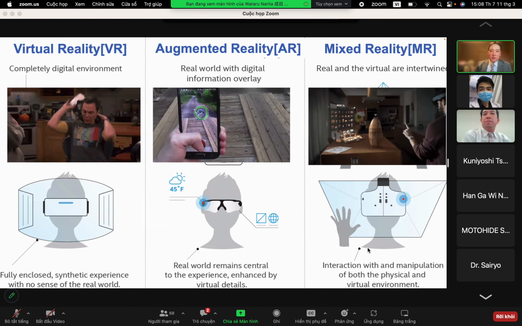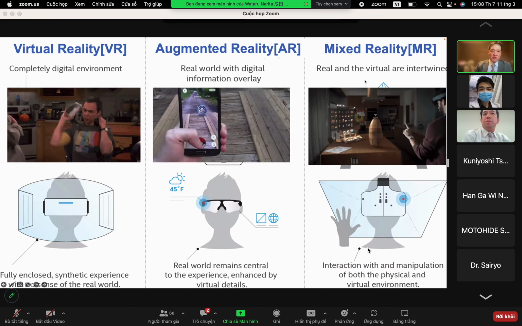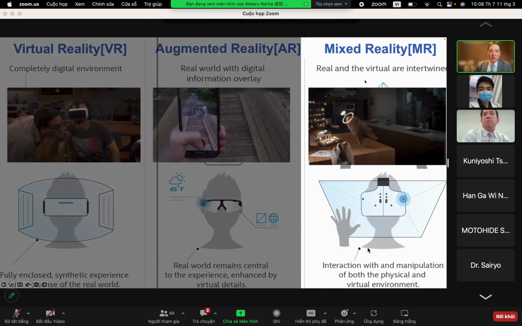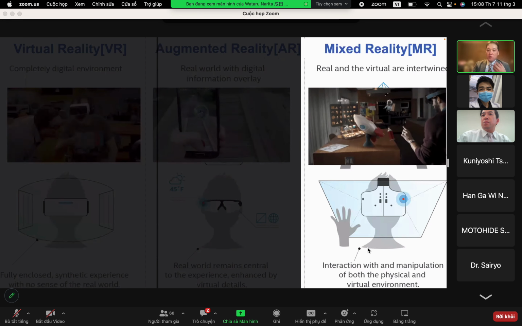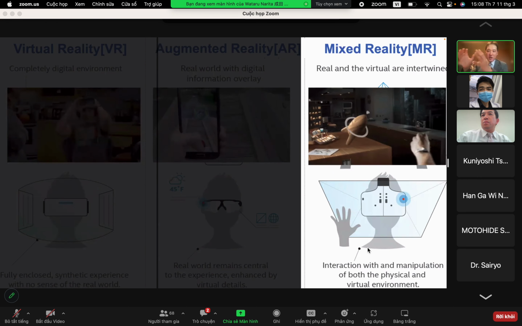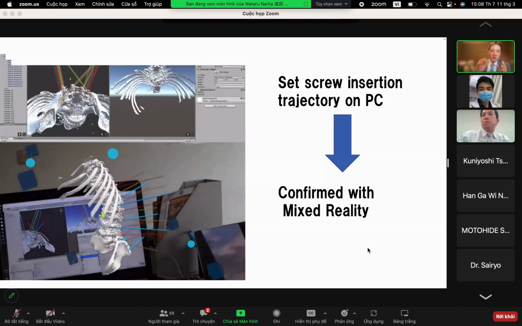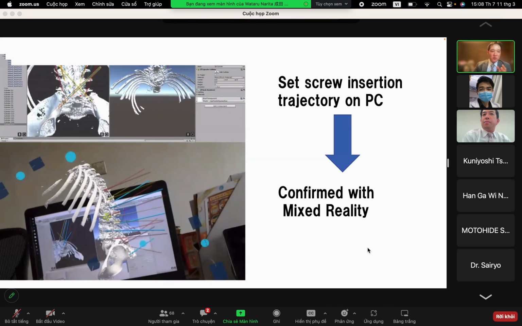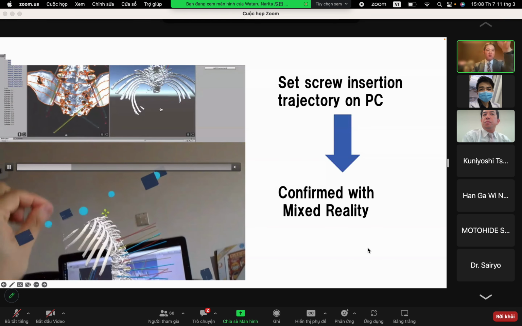This is the intraoperative system, a mixed reality system. Mixed reality creates a world that combines the real and virtual worlds. The insertion trajectory we set on the PC, and we can see it in the real world.